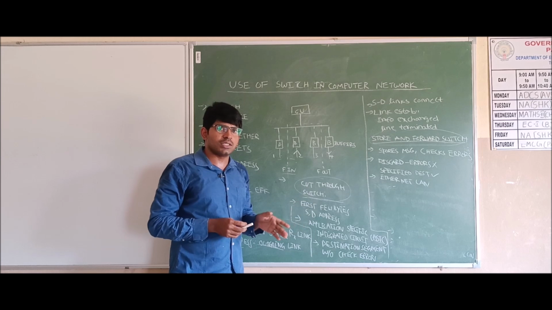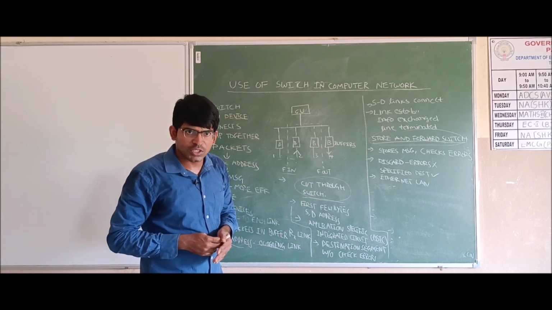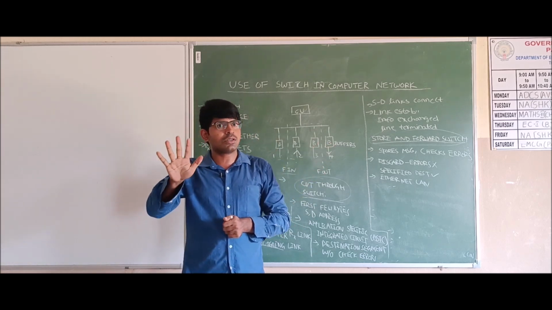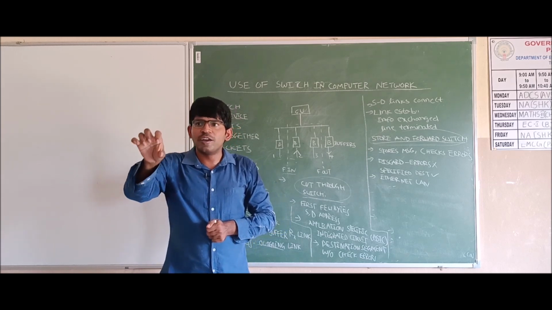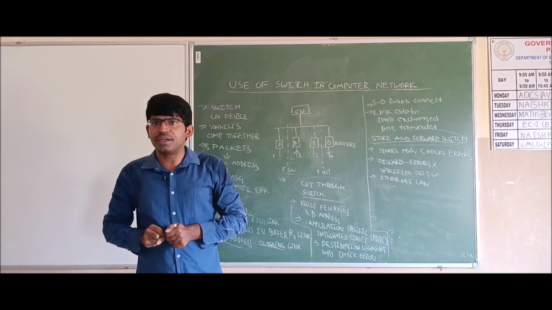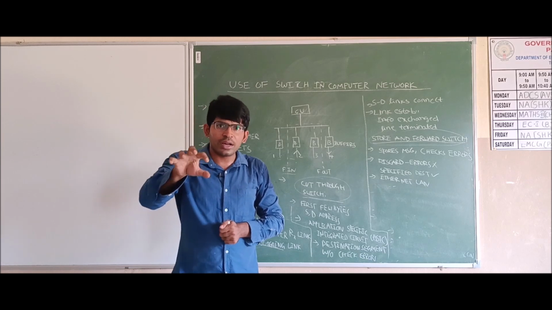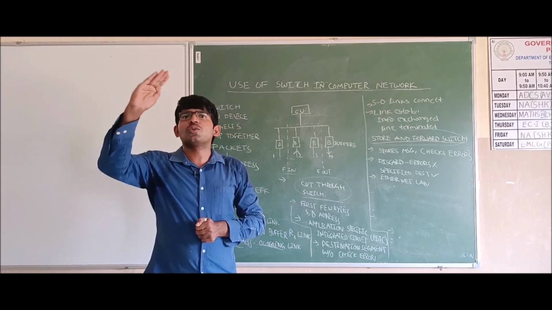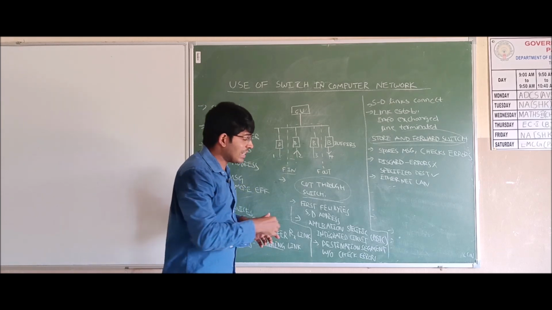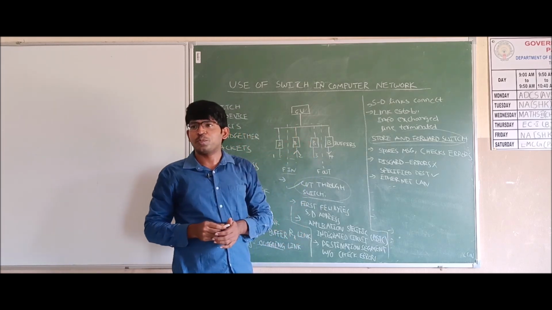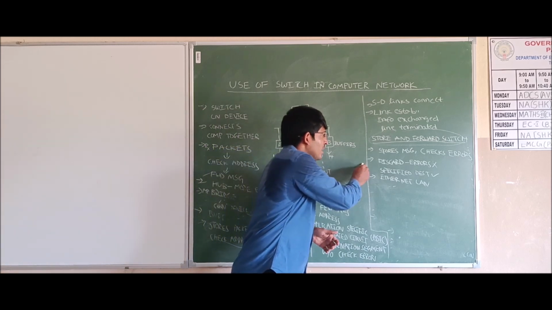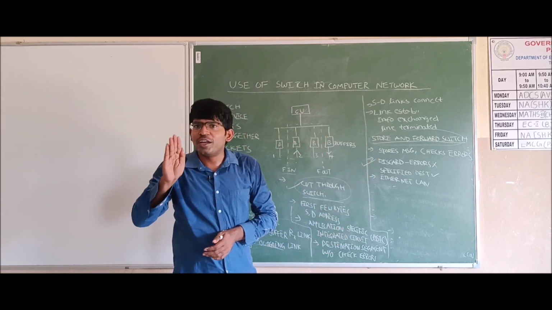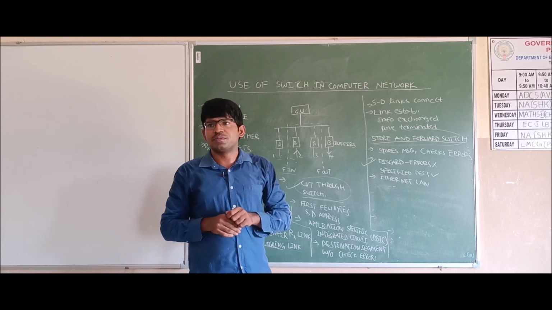In the cut-through switch or in the store and forward switch, after receiving the data, first we will read the source and destination address. After reading them, in the cut-through switch we will try to send to the destination address immediately. But in store and forward, we will wait for some time in the buffer.